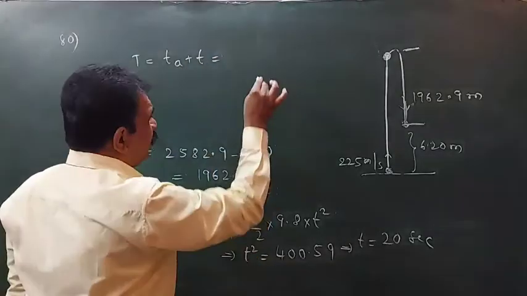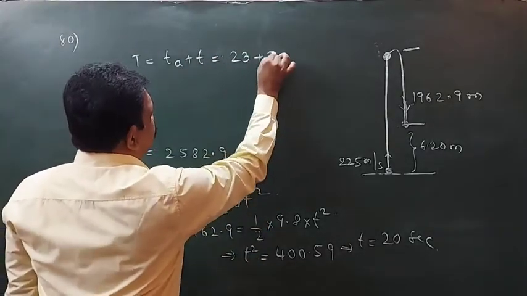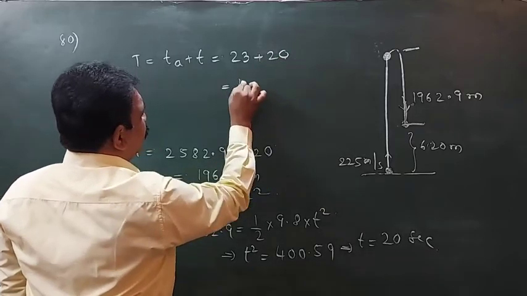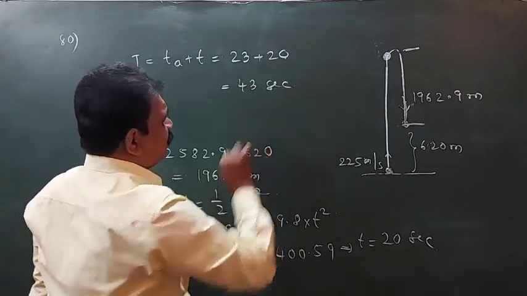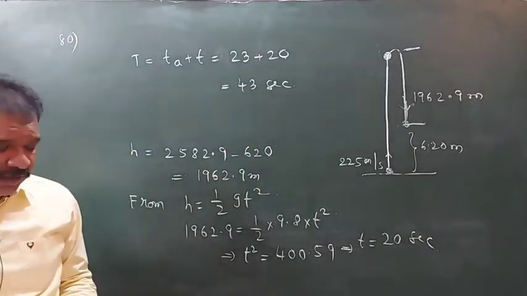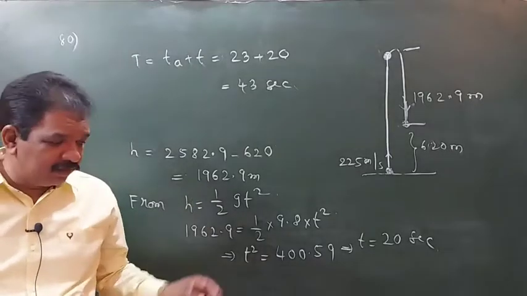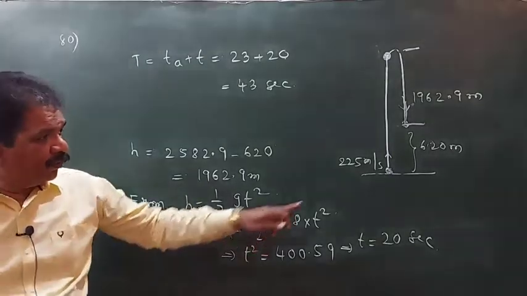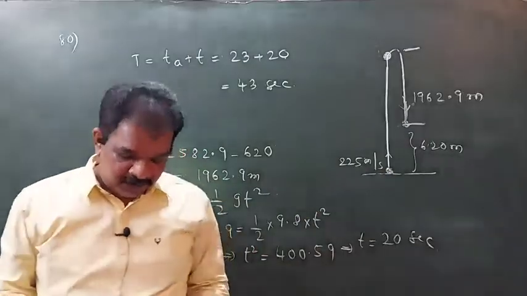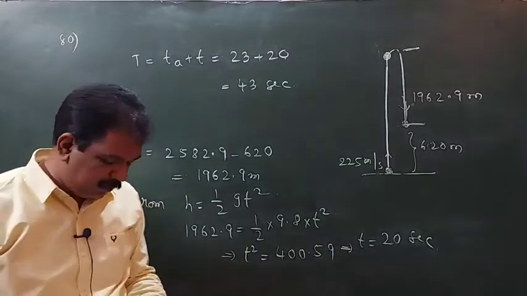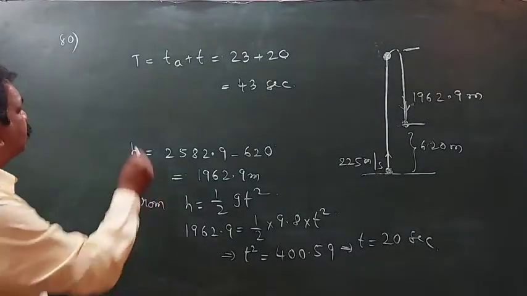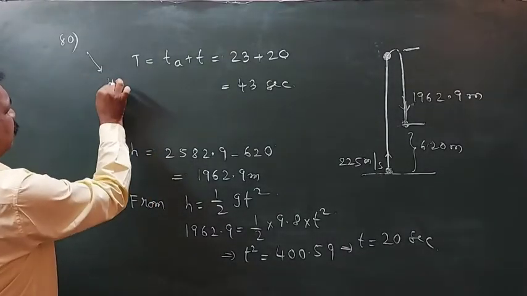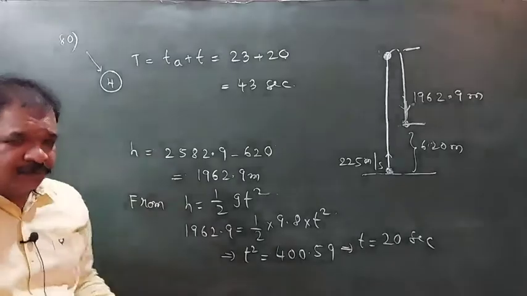T_A we got 23, this value we got 20, so this value will be 43 seconds. Total 43 seconds it will require to reach from here to here. So the option for problem 80 will be the fourth option.